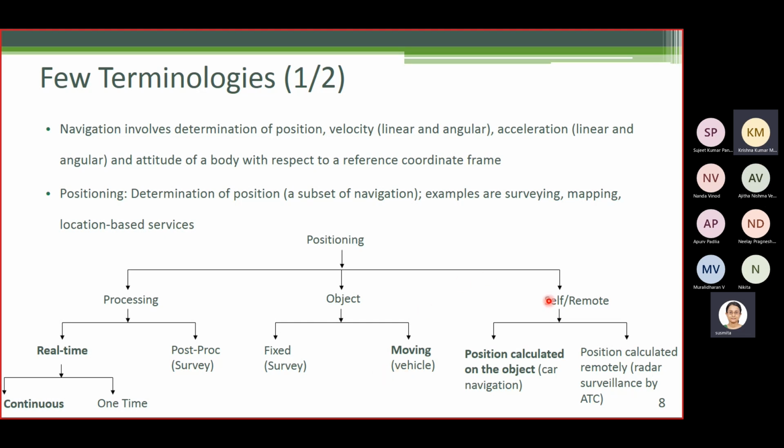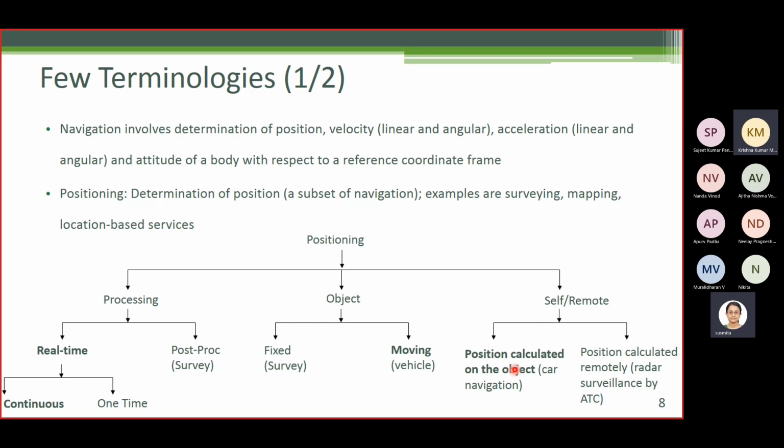The third classification is based on where you are doing the processing, whether on the object itself or remotely. It's called self or remote. Self means the position is calculated, or navigation algorithms reside, in the object itself. Sensors make measurements and algorithms process the measurements in the object itself.